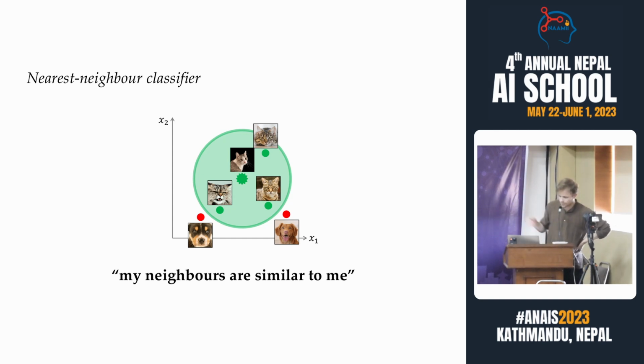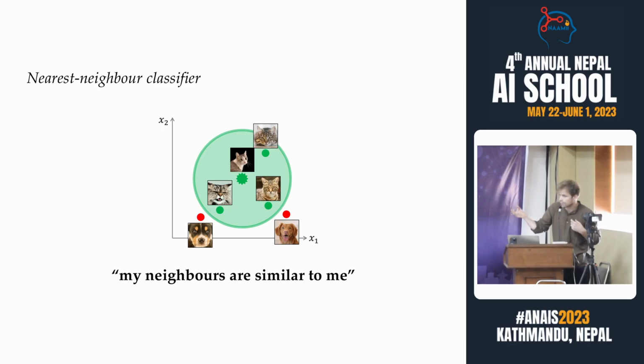The example we're going to look at now is the nearest neighbor classifier. I think you are familiar with this, but the way it works is that you have points, some of them labeled, some of them not, and you want to classify the unlabeled one, right? For an unlabeled point, for example the top point, the way I'm going to classify it is by looking around me at my neighbors.